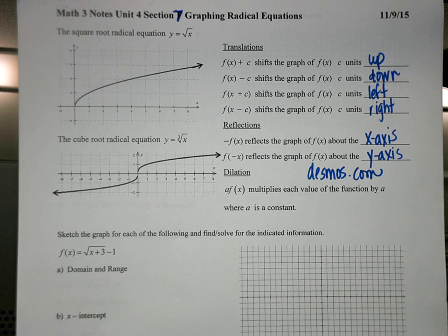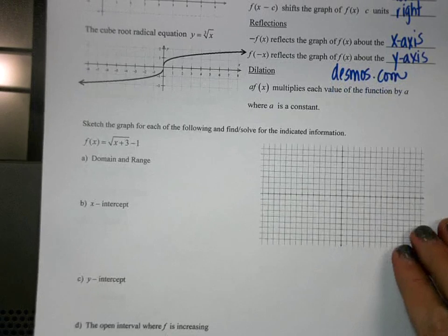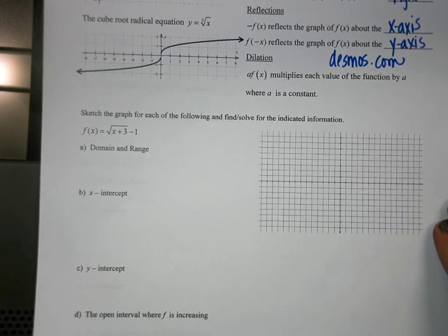If you had a half, it's going to end up, like, you'll see, never mind. But it'll make it kind of smaller-ish. Okay. Or shrink it down. It'll shrink it down where a whole number will make it bigger. Okay. So we're just going to go ahead and jump into this.